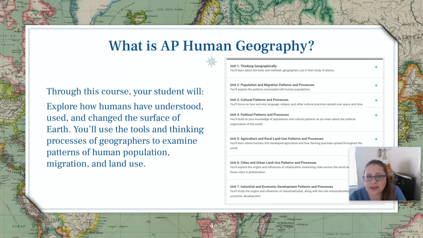If that doesn't translate to a passing grade on the AP exam in May, so be it. They're going to be better prepared next year for their AP exam in 10th grade. So this class really is about laying a foundation for your students to know what's expected of an AP course load and the kind of content they're going to be exposed to.